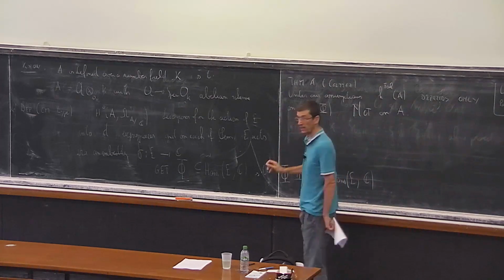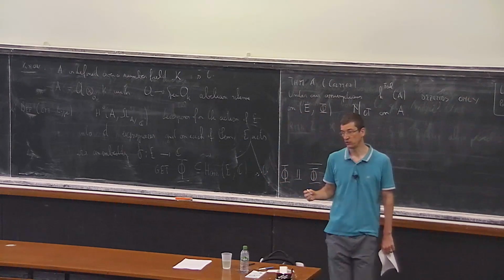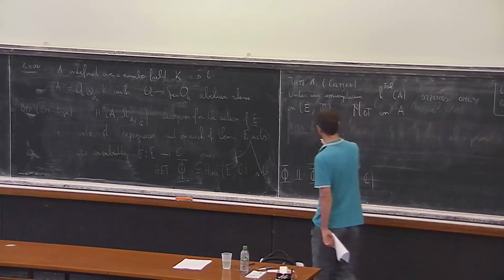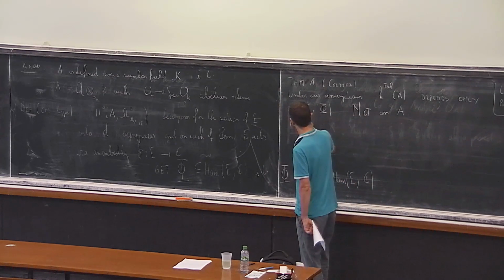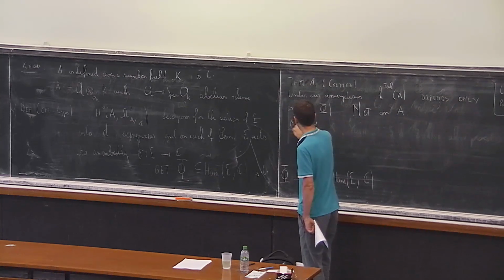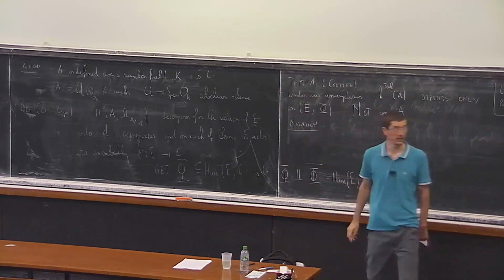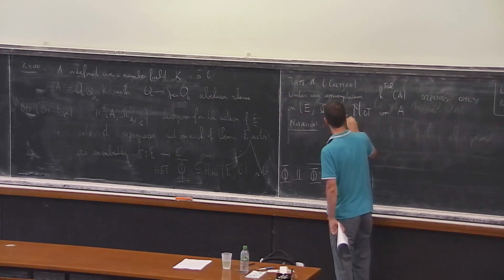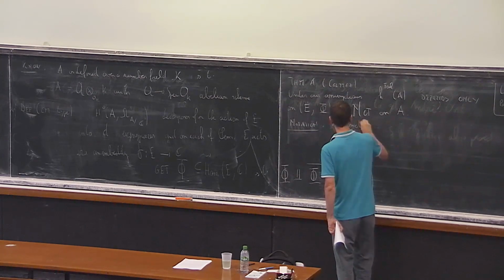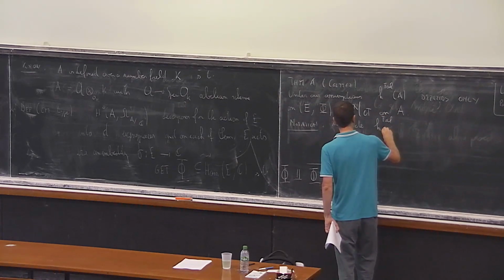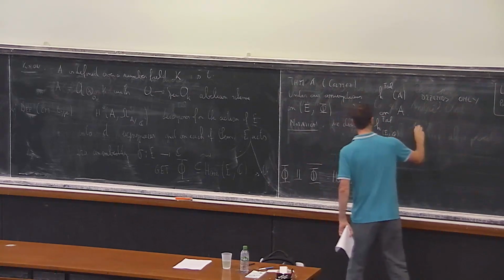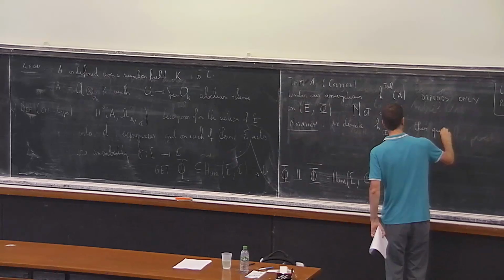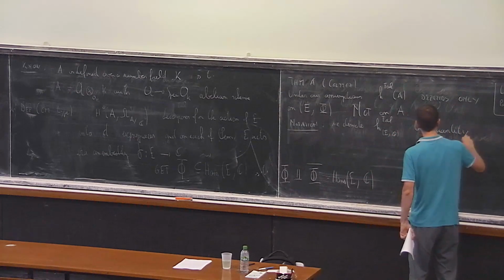And hence, we are allowed to introduce a new notation, where we remove the dependence on A from the Faltings height, and we denote this quantity H Faltings of E phi.